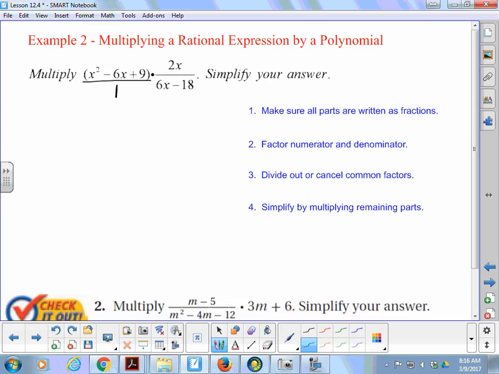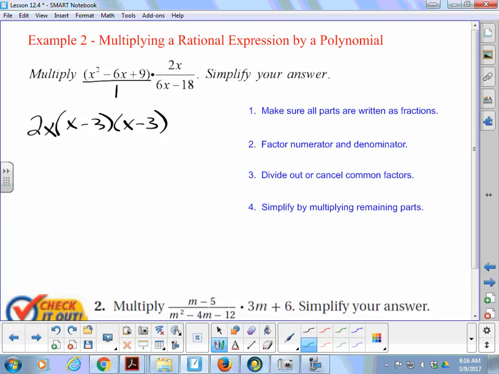Do any factoring we can do. So we've got x squared minus 6x plus 9. All right. Factors of 9 that add up to 6 would be negative 3 and negative 3. So this is x minus 3 and x minus 3. And then we also have the 2x, and I'm going to move that 2x to the front. I prefer to put monomials in the front.